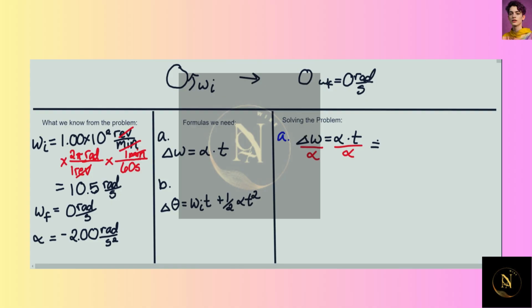And then we get time equals change in omega over alpha. And then change in omega equals the final minus the initial angular speed. And we divide that all by alpha again.